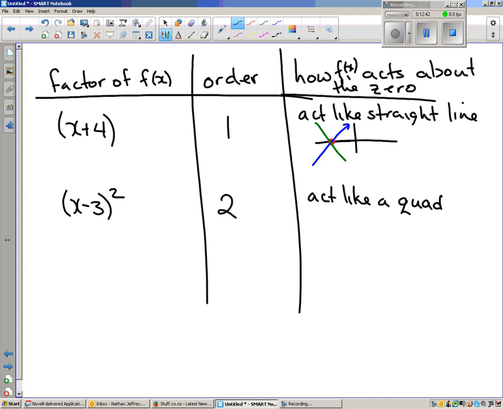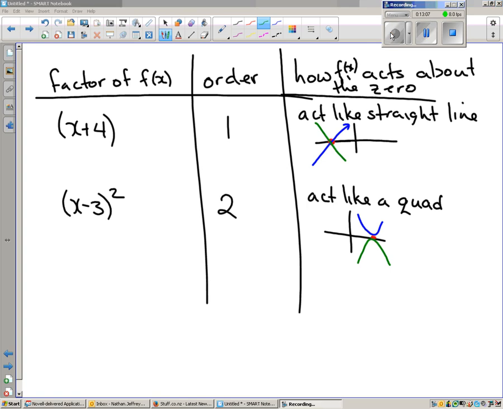So if we had a little axis, we put a 0 at positive 3. We know our function is going to come down and go back up, or it could come up and then go back down. Okay, and how we'll determine what it does is in relation to the other zeros of that function and the end behavior.